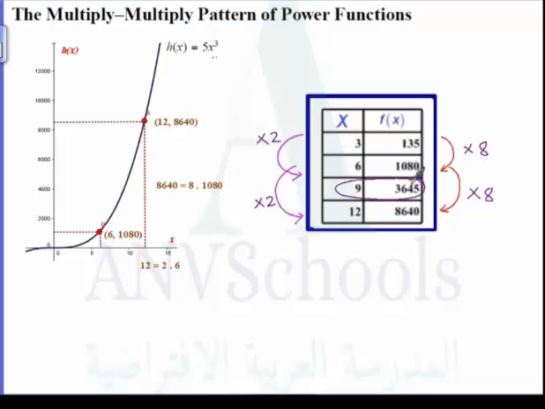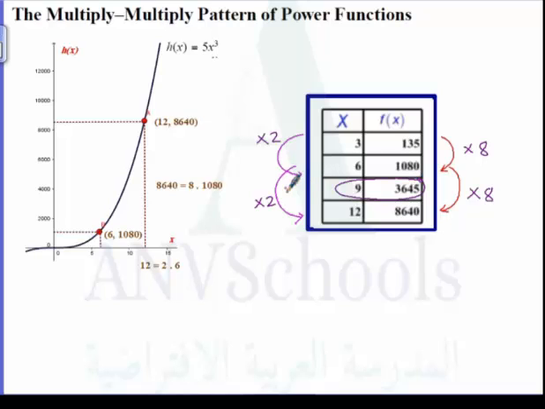So I'm not talking about the inclusion of 9, 3645 into the function, because definitely 9, 3645 is a part of the function h of x is equal to 5x cubed. But in terms of the pattern of power functions, there are points that are not very relevant in the formation of the pattern. So from 3 I jump to 6, and from 6 I jump to 12.